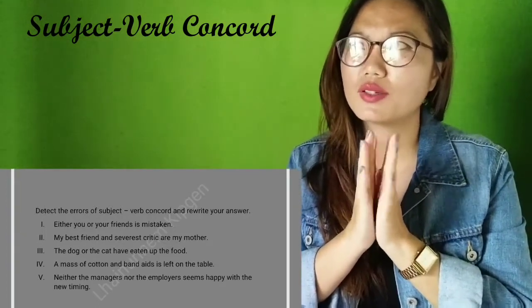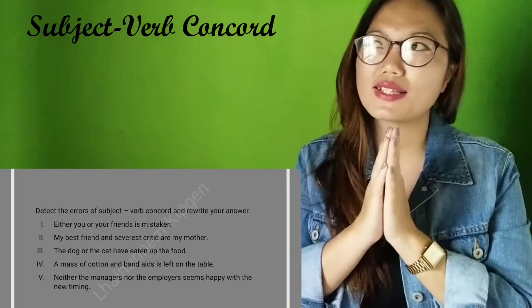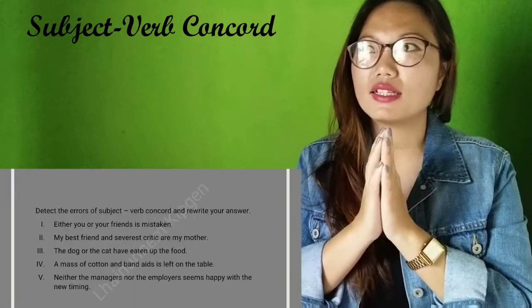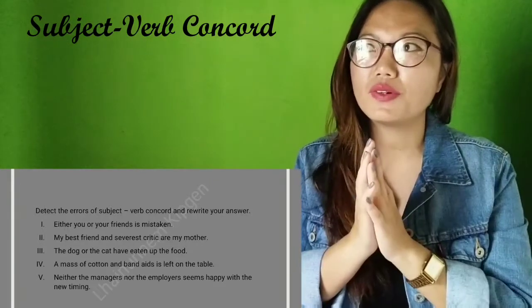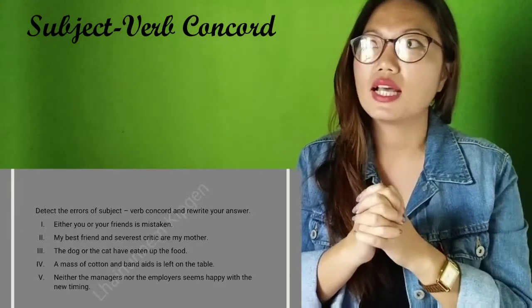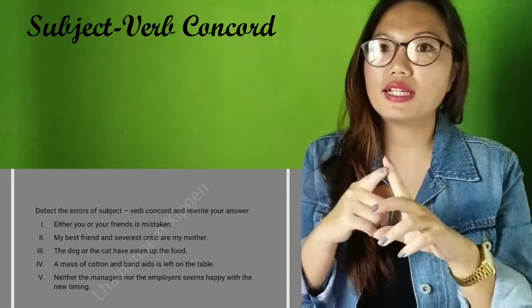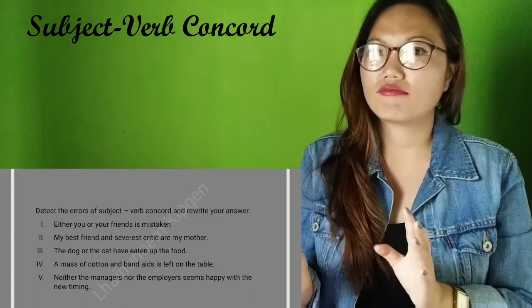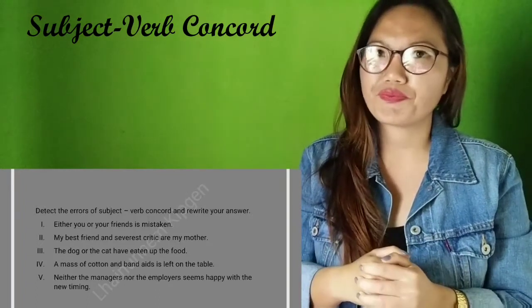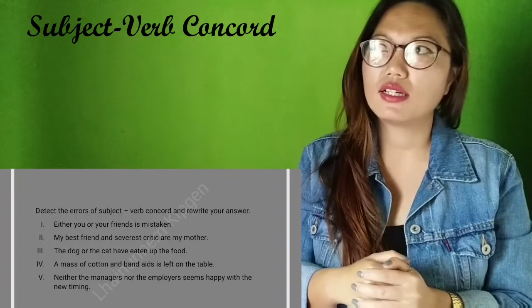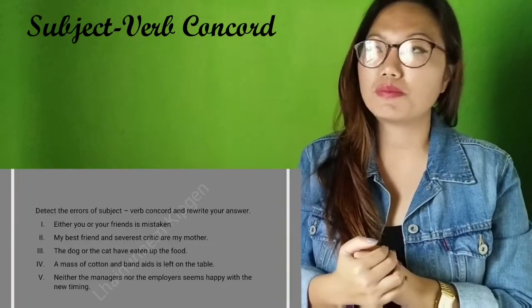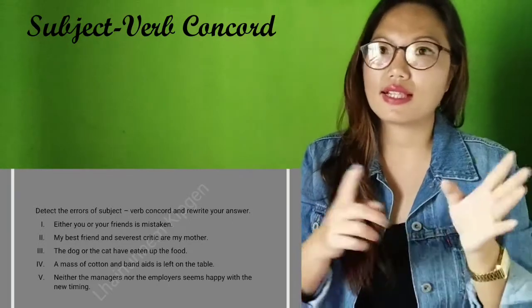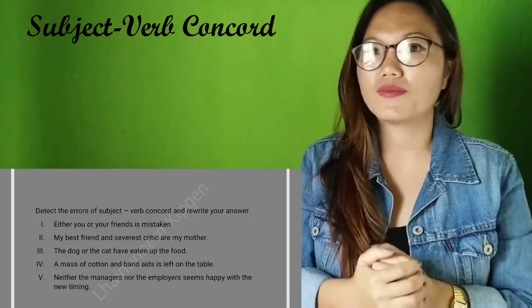Before we start our test, I would like to remind every one of you of something very important. Plural and singular, when it comes to nouns and pronouns, numbers: in order to make nouns and pronouns plural, mostly we add suffixes like s, es, and so on.